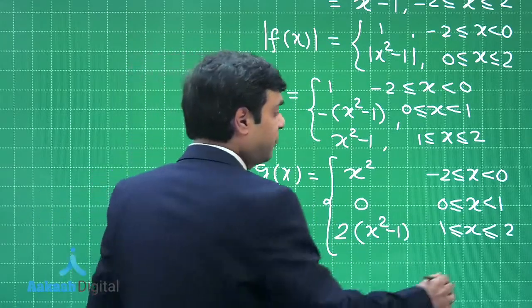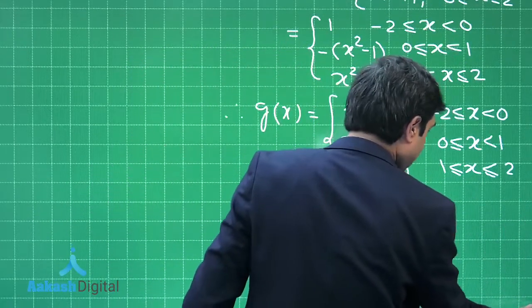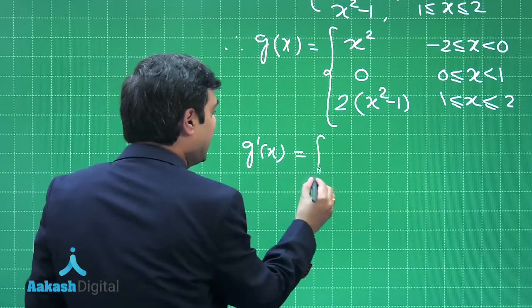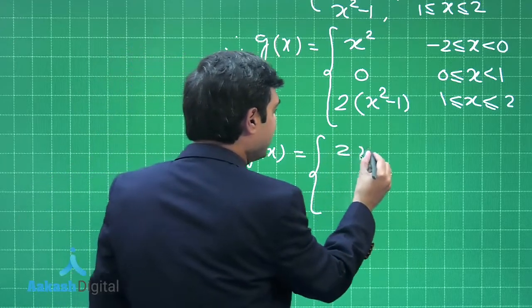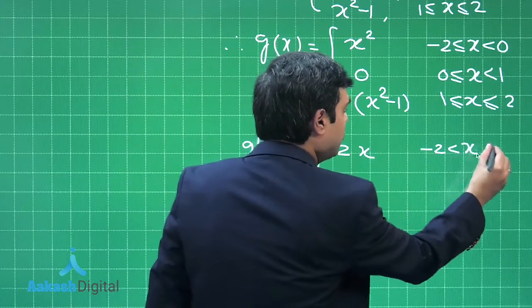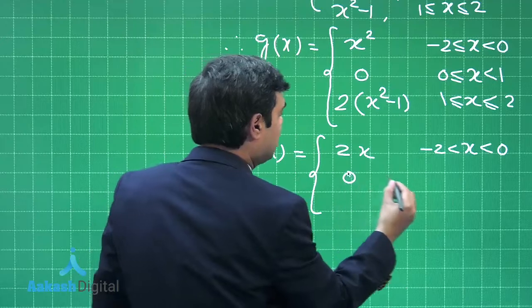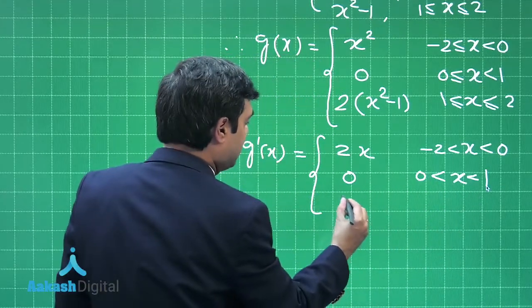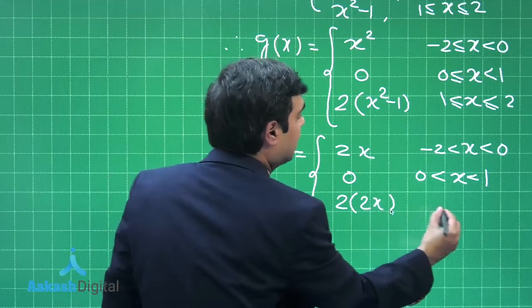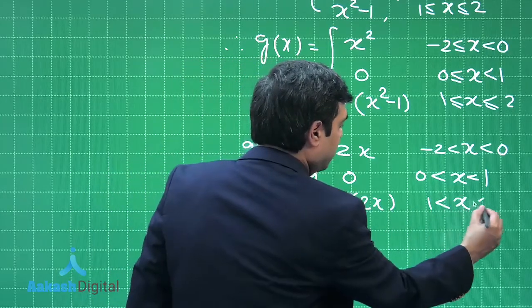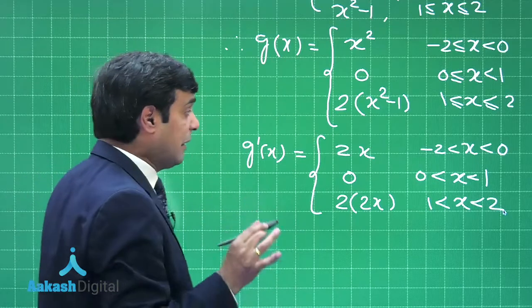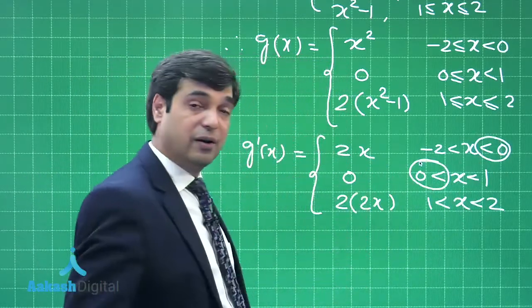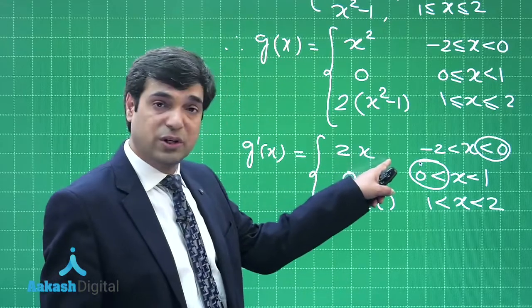Now let's talk about the differentiability of the function. For differentiability, let's find the derivative leaving the endpoints. This gives you 2x for -2 to 0, 0 for 0 to 1 and 2 into 2x when 1 to 2. Now when you check derivative about 0 from left side and from right side, what you observe? It is approaching to 0, right?